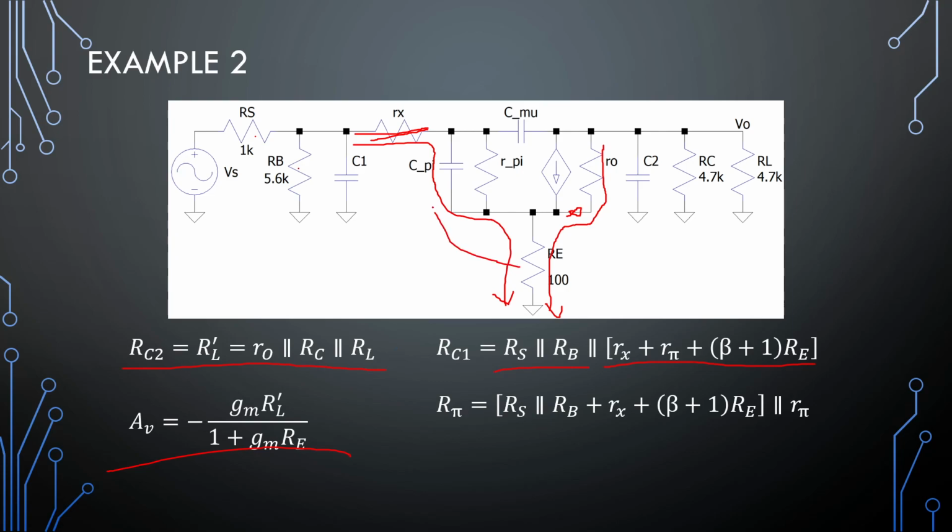So we can just move this resistor up there when we still have everything this side in series. So Rs parallel to Rb plus Rx plus beta plus 1 Re. So basically, Rs parallel to Rb exchanged positions with R pi for the R pi equation.